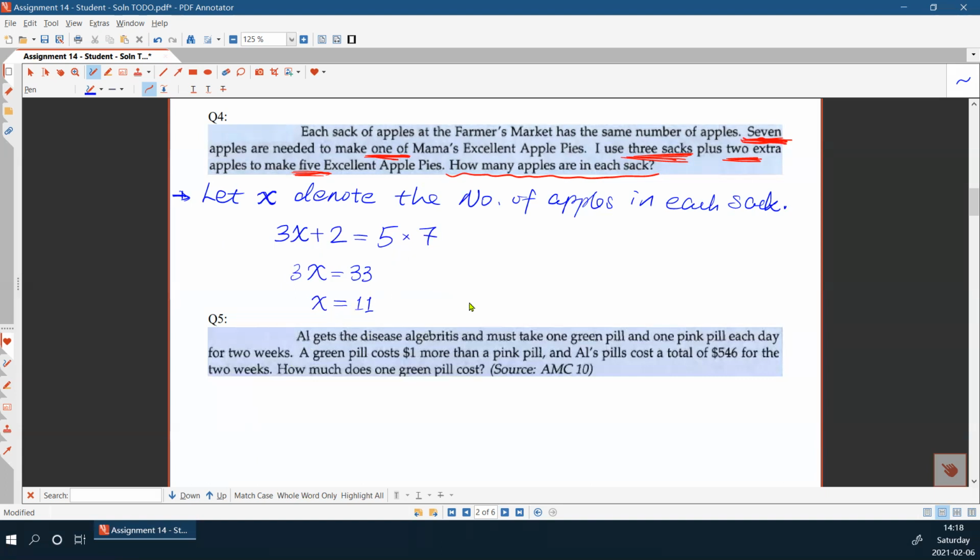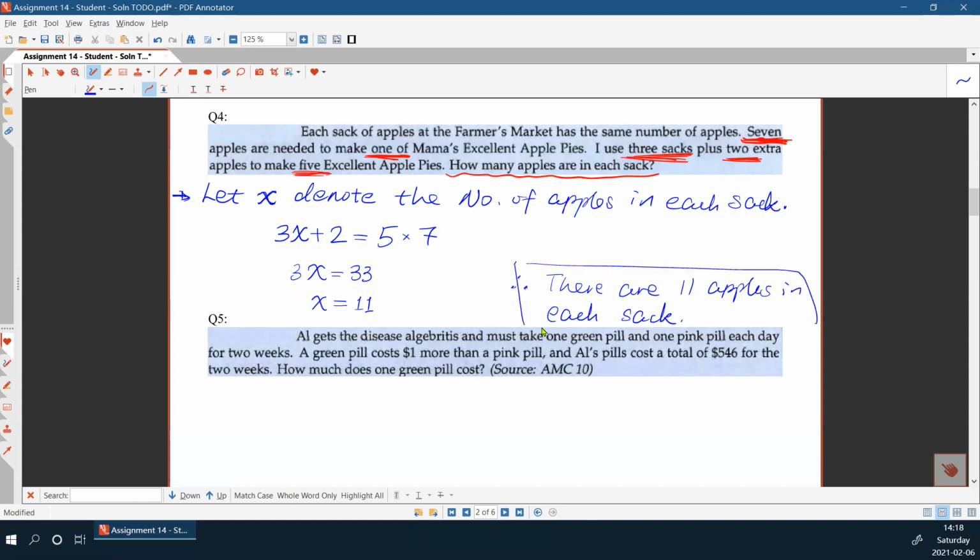So actually, to make the whole solution complete, there should be a conclusion, right? So there are 11 apples in each sack. So this is your complete solution, right?